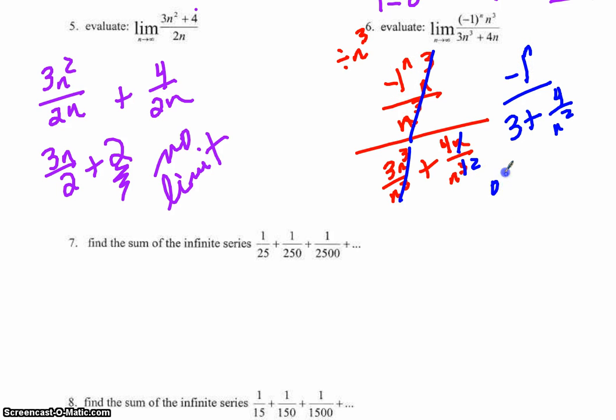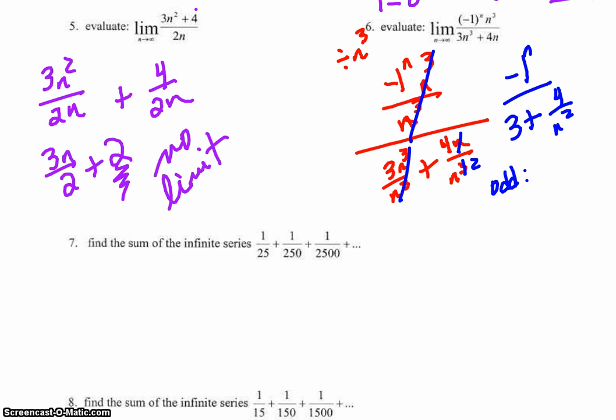If it is odd, -1 to the n over 3 plus 4 over n squared.